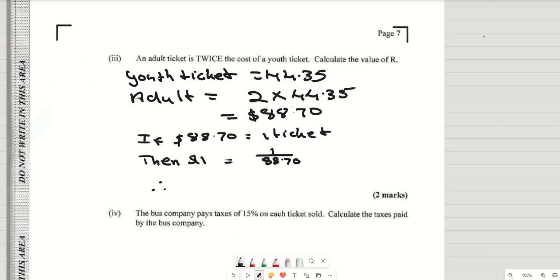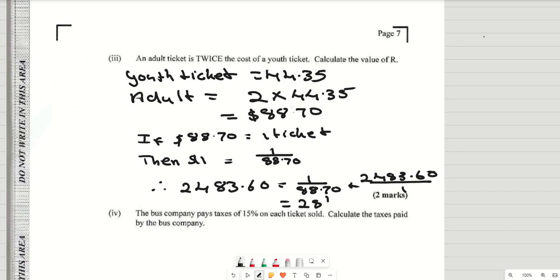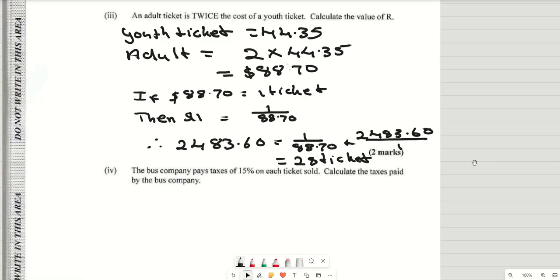And therefore, we're trying to find out for $2,483.60, which is 1 over 88.70 multiplied by 2483.60 over 1. Right? And when you divide this in your calculator, you'll get 28 tickets. So the value of R is 28.